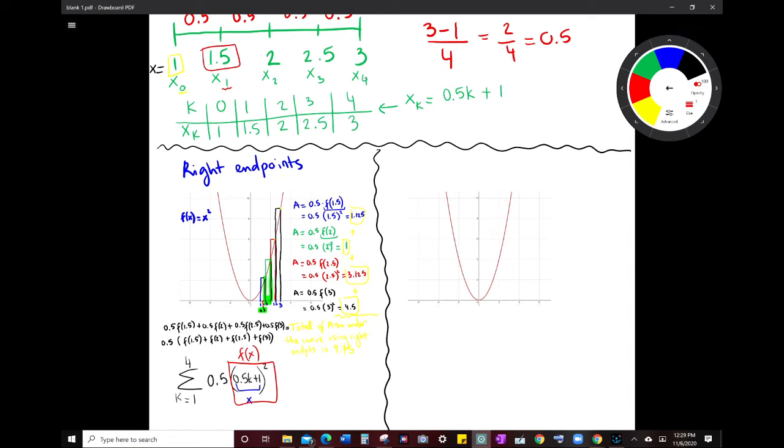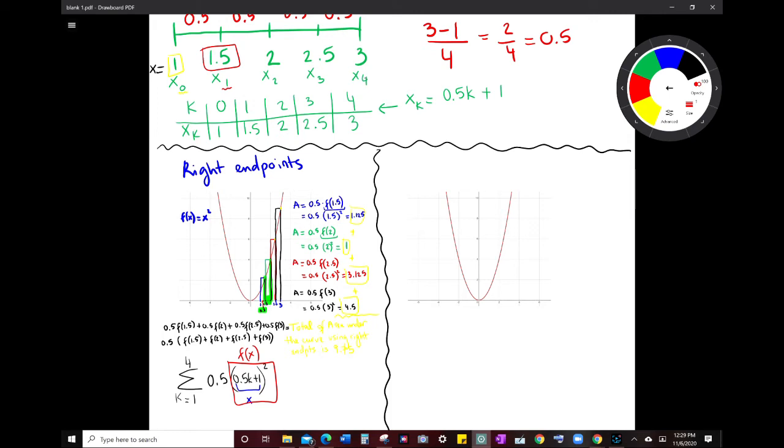So earlier we figured out that when we want to find the area under the curve, you have to find the sum. So sigma notation means the sum of the series. And for the sum of all the rectangles, we come up with the formula. It will be the width, which is 3 minus 1 divided by 4.